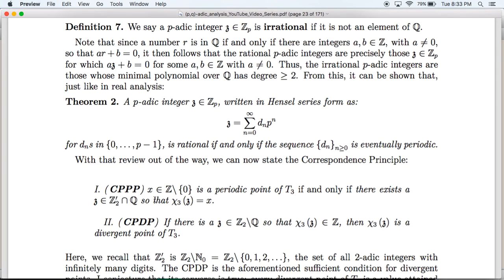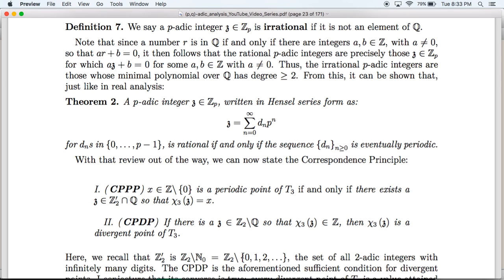The CP-PP, for periodic points: a non-zero integer x is a periodic point of T_3 if and only if there exists a z in Z_2' intersect Q such that chi_3 of z is equal to x. Technically, I can actually remove the condition that x be non-zero, but it makes things easier if I just leave it out. So here recall that Z_2' is the set of 2-adic integers with infinitely many digits.